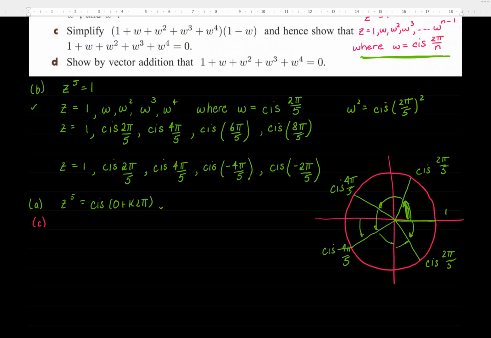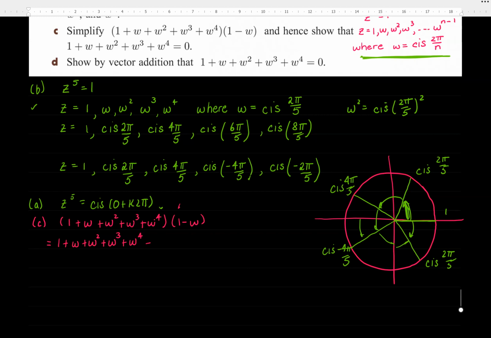Okay, simplify, and hence show that. Okay, so simplify. I guess we expand. So we're going to go 1 plus w squared plus w cubed, just timesing everything through by the 1.